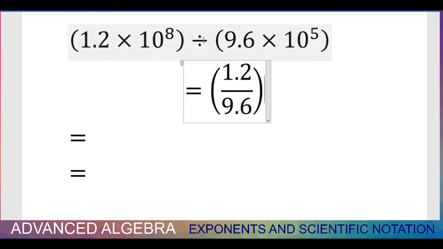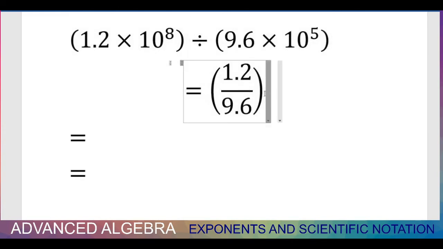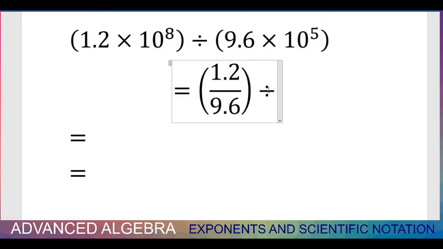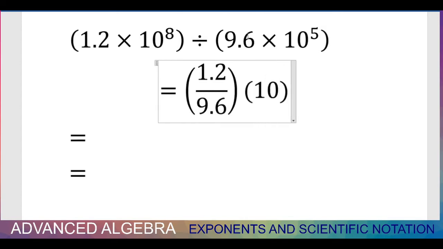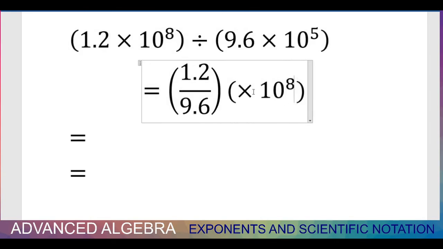Wala na palang divide, so multiply natin sa 10 raised to 8, di ba? Lagyan natin yung 10 dito, 10 to the 8 power.